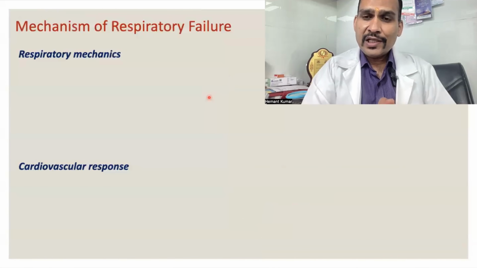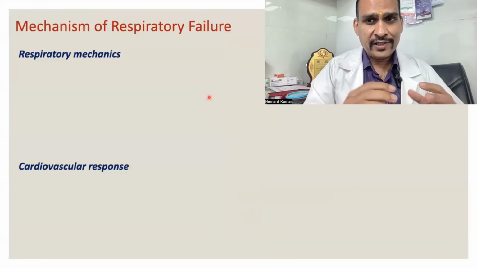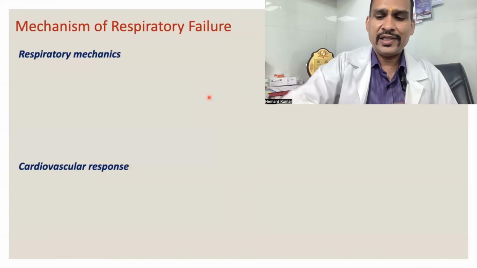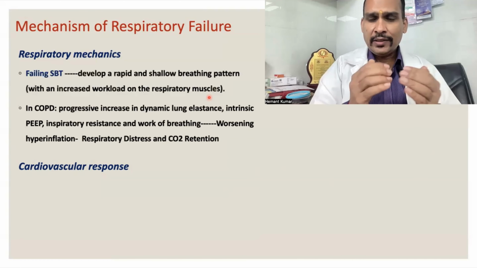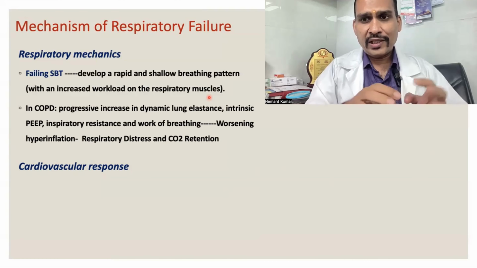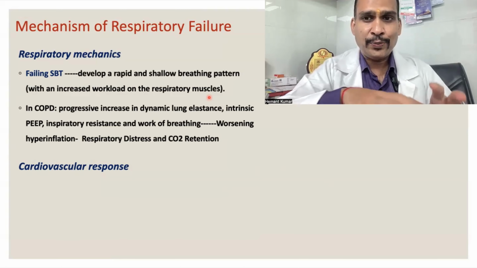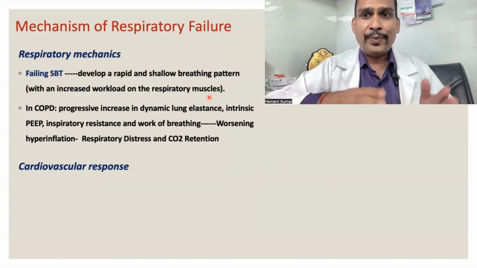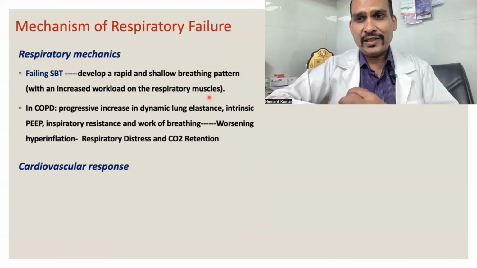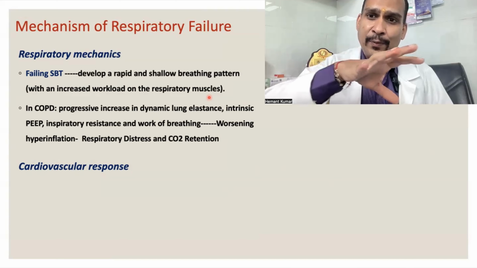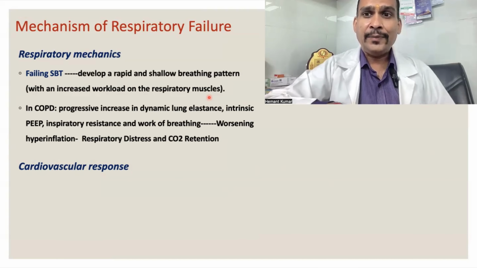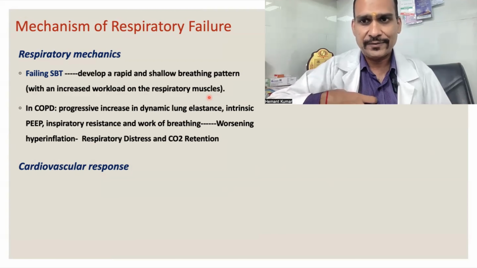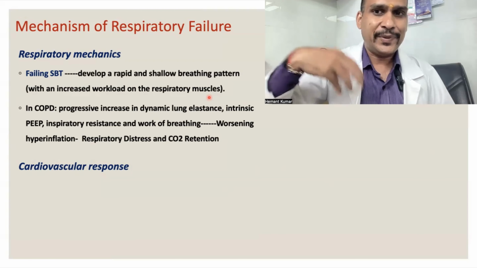What is the mechanism of respiratory failure after a spontaneous breathing trial? We should know the physiology, then only can we understand the pathology. In mechanical ventilation, we are giving positive pressure, and because of positive pressure the patient is being given breaths. But when you remove the ventilator, you are removing positive pressure ventilation and the patient is getting negative pressure ventilation, because the spontaneous breath is driven by negative pressure.